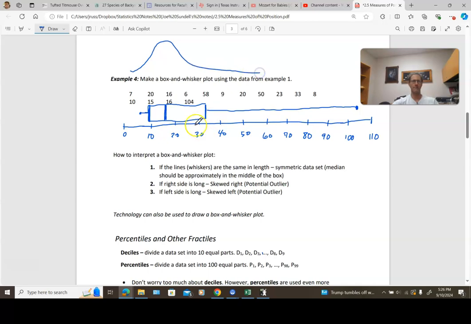Because most of the data is kind of down here in these lower values. And in fact, you can see the 75th percentile, or Q3, is right here at 33. So only 25% of the data is really beyond that. But anyway, I think that's pretty interesting.